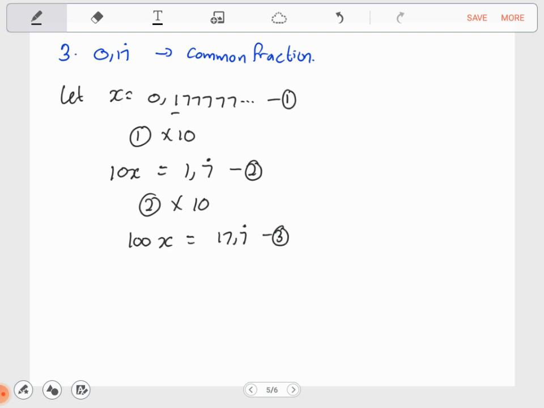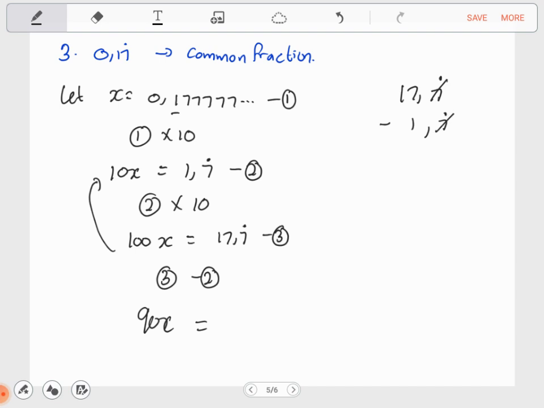Now that we've moved one set of our recurring and our non-recurring, we're going to take the last equation, subtract the second last. So we're going to take 100x, subtract 10x. That's going to give us 90x. And we're going to take 17.7 recurring, subtract 1.7 recurring. So the 7 recurrings are going to cancel.